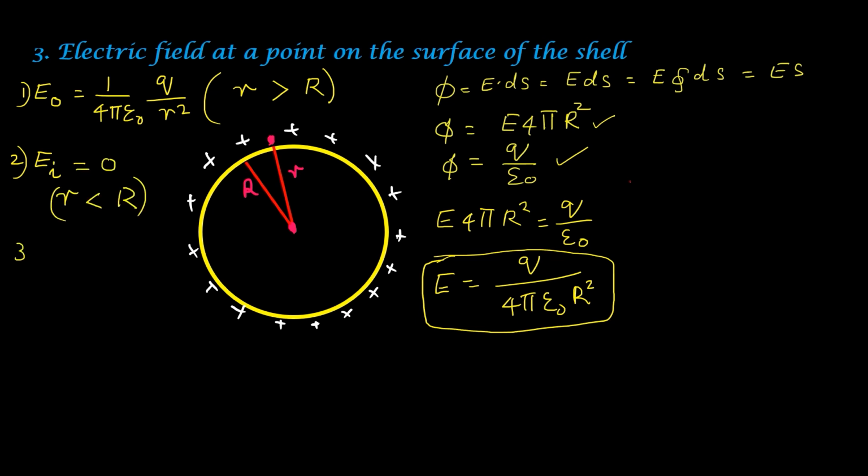The third case, electric field on the surface of the charged shell. That was what we did just now. 1 by 4 pi epsilon naught Q by capital R square.